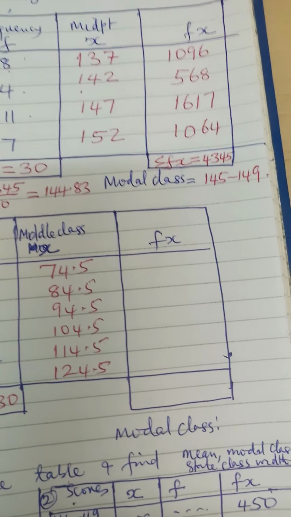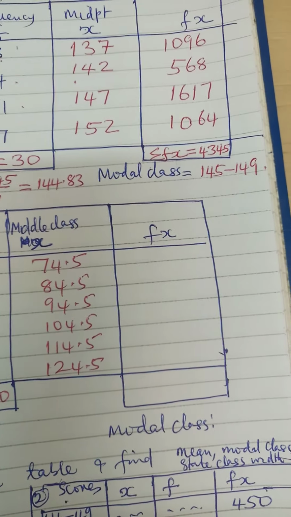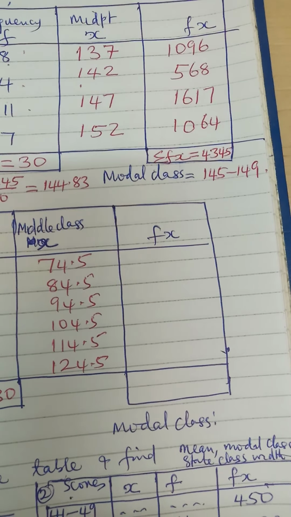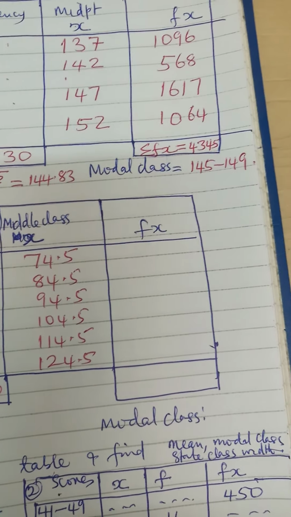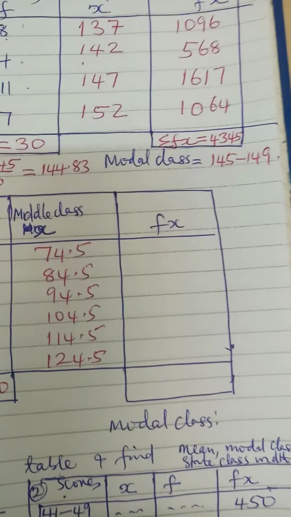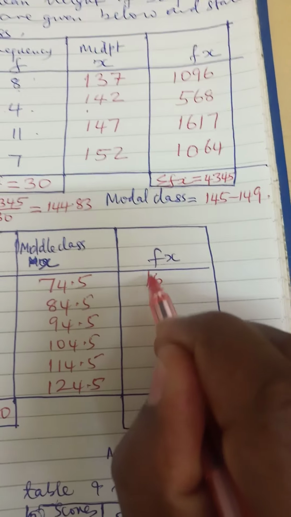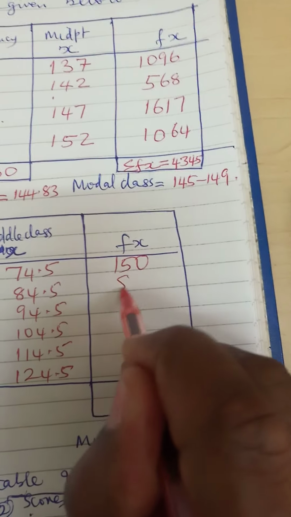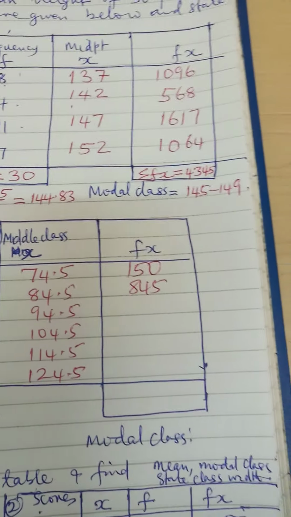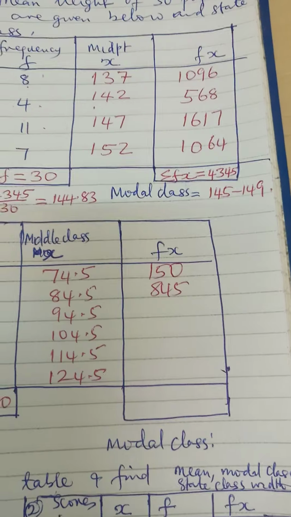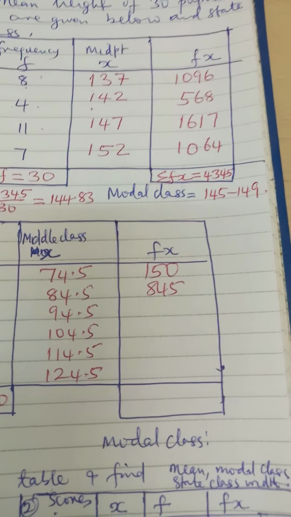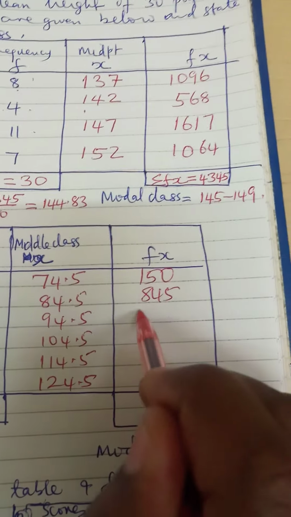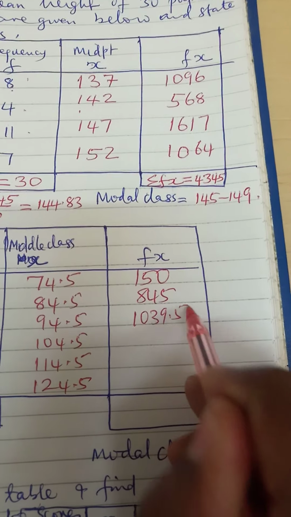We are going to multiply these values, and when we multiply these values, what do we get? For the first one, we get 150. For the next one, we get 845. For the next one, 94.5 times 11, we get 1039.5.